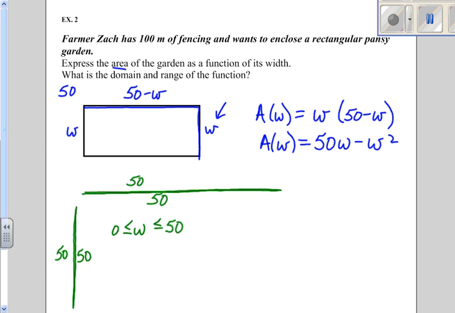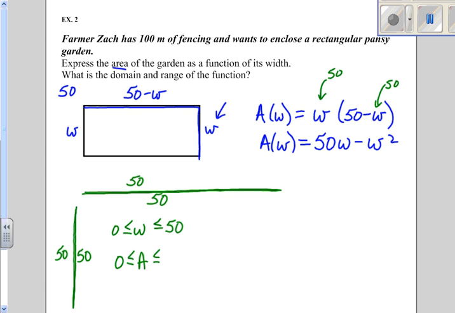Looking at the equation, if I put a 0 in here, I have an area of 0. Not helpful in the least. What is the maximum area that I can have? Well, the maximum area is certainly not when w is 50, because if I put a 50 here and here, I get a 0 area as well.